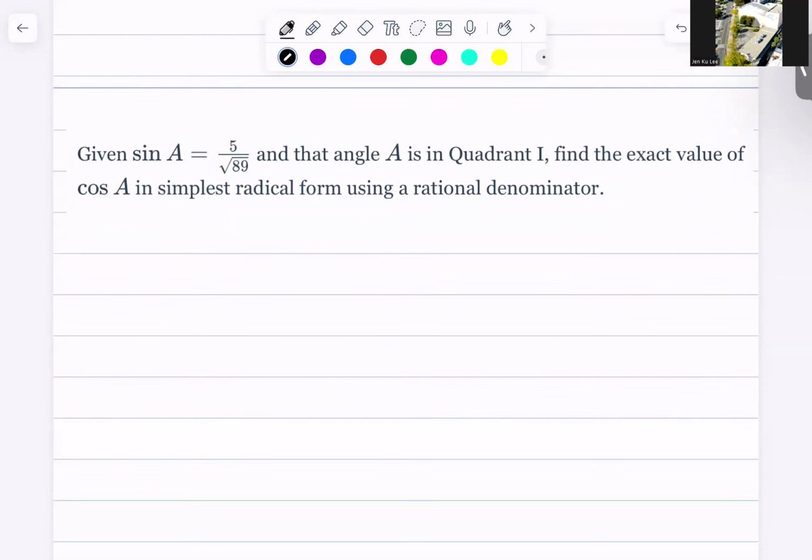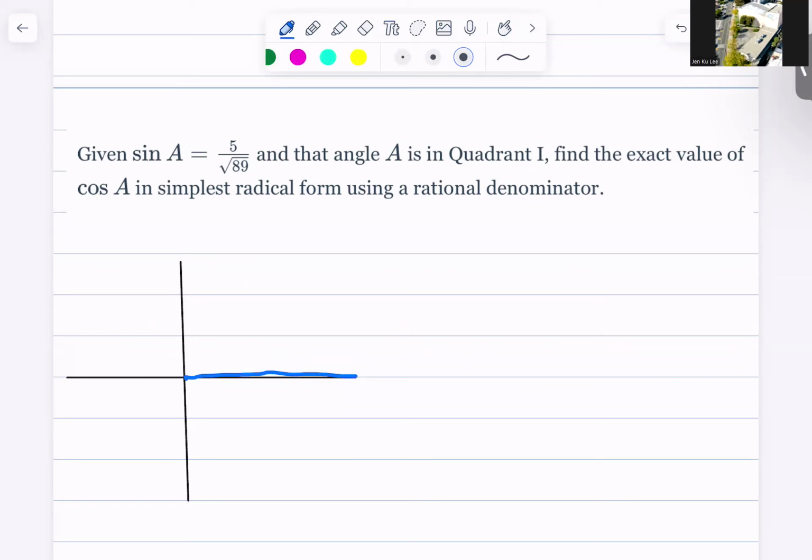Okay? So my first step, again, in any one of these problems is draw it out. I know that it's in quadrant 1, so I'm going to draw out an angle in quadrant 1. Right, that's my quadrant 1.